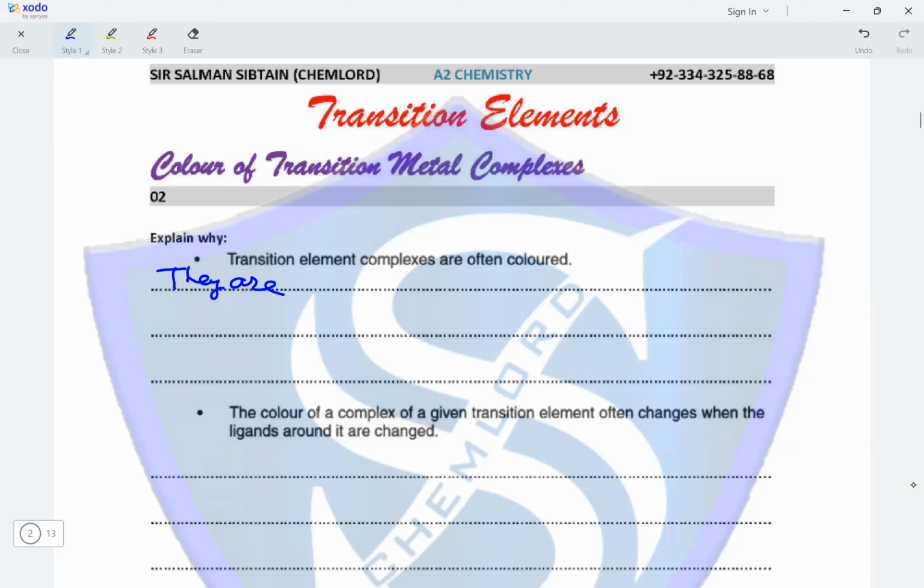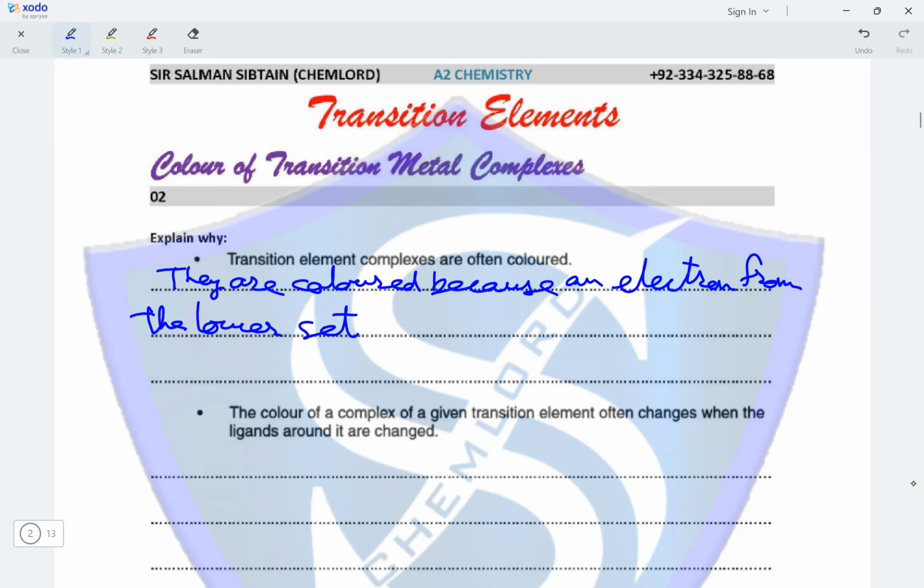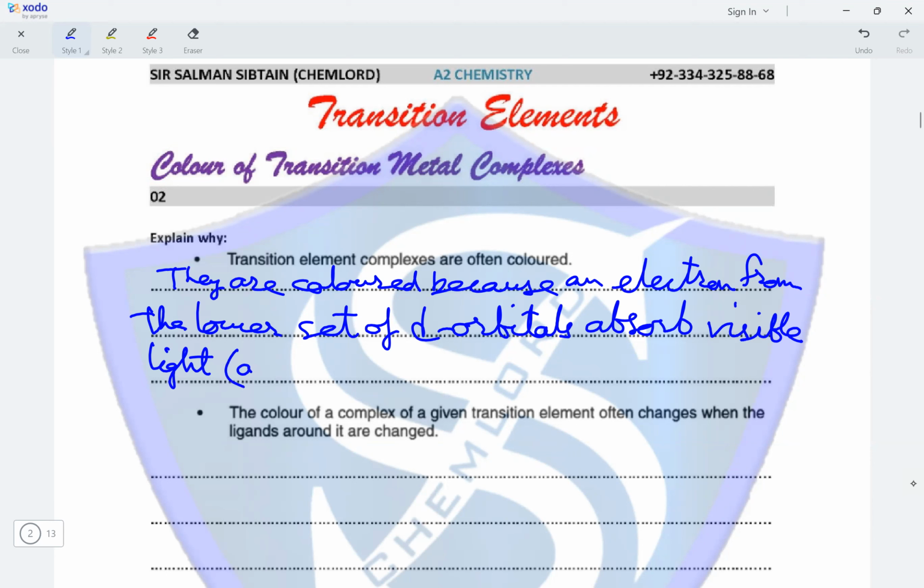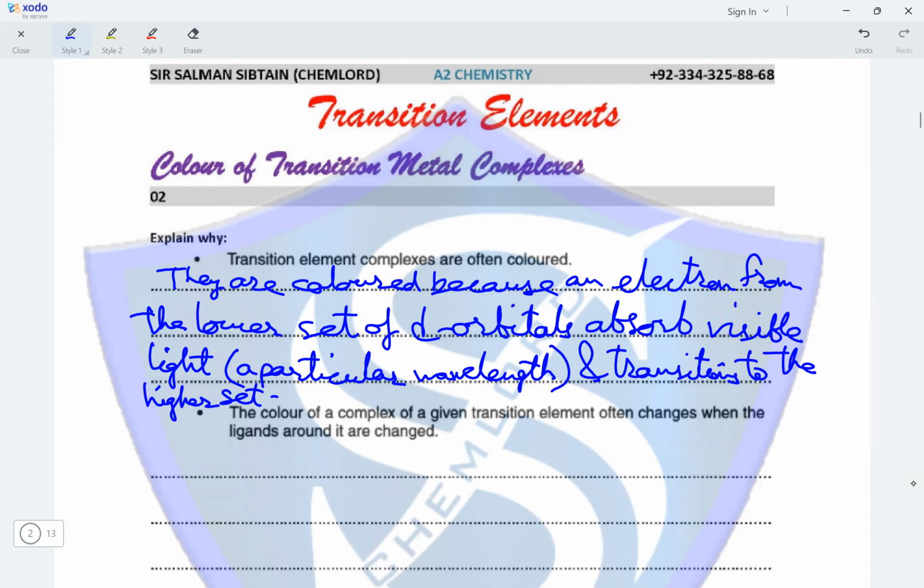They are colored because an electron from the lower set of d orbitals absorbs visible light, not entirely but a particular wavelength, and transitions to the higher set, and this is the reason for color.